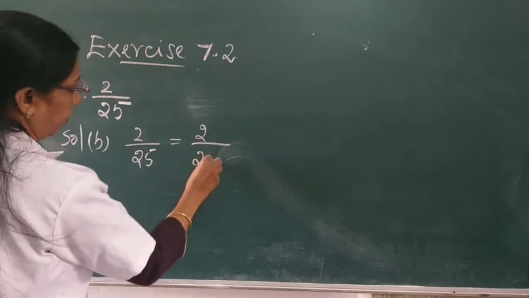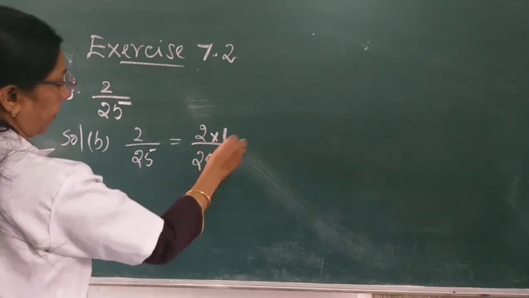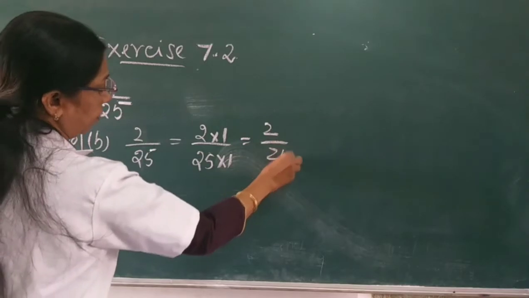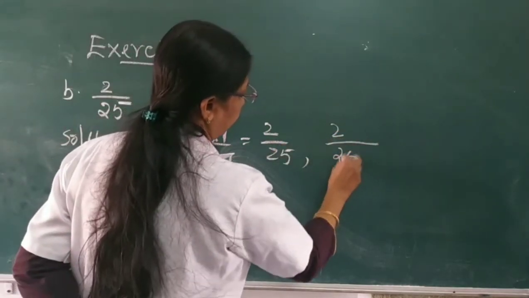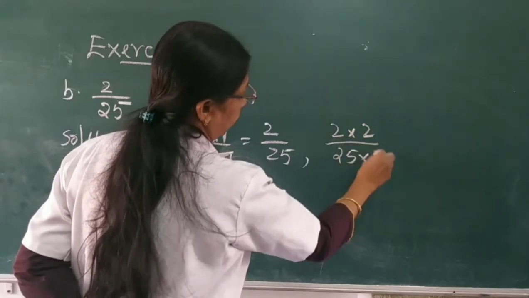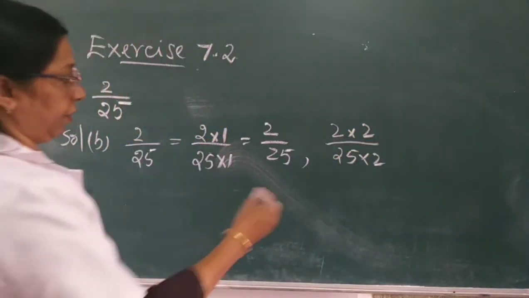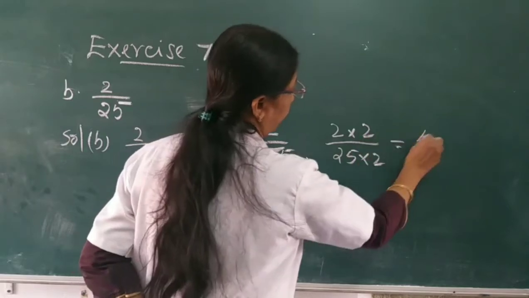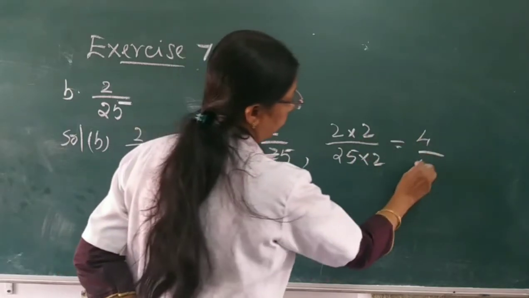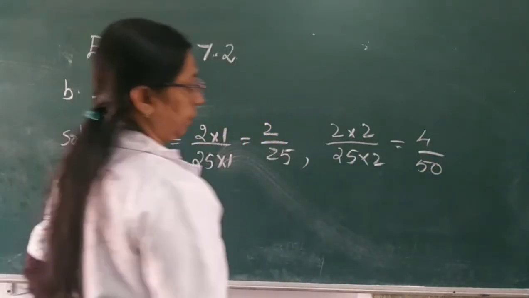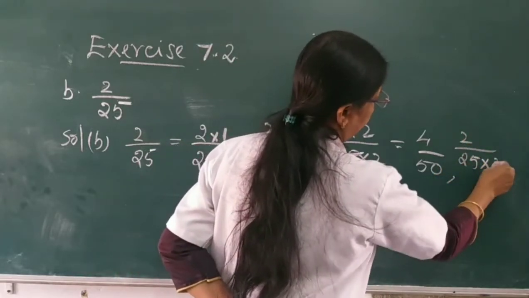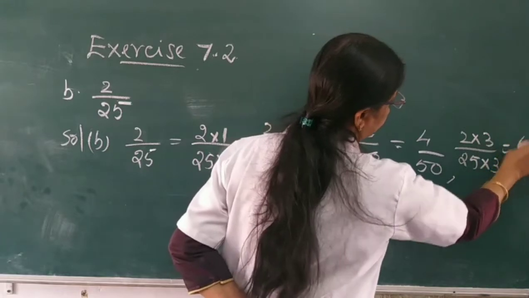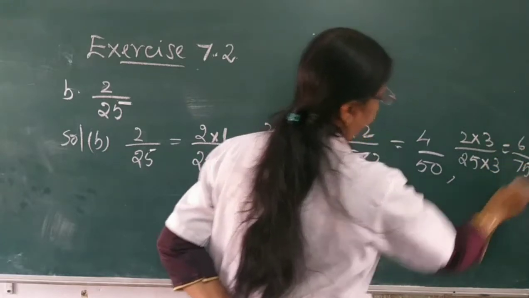2 by 25, 25 into 1, that is 2 by 25. Second one is 2 by 25 into 2 into 2, that is 2 into 2, 4, and 25 into 2 is 50. To get the third one, 2 by 25 into 3 into 3, that is 6 by 75.